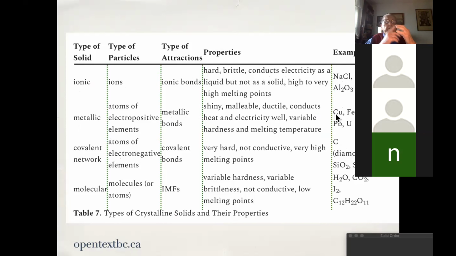There are copper, iron, titanium, lead, uranium, palladium, gold, and so on. Covalent networks are atoms of electronegative elements, are very hard, and non-conductive. They are carbon, diamonds, silicon compounds. Molecular crystals are water, carbon dioxide, iodine, alcohols, and many others.